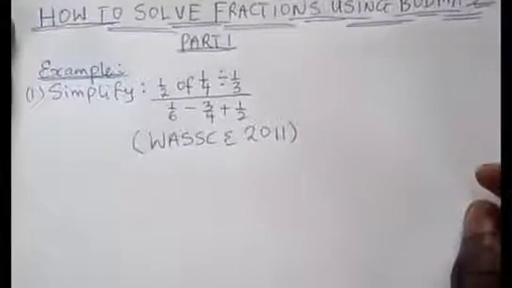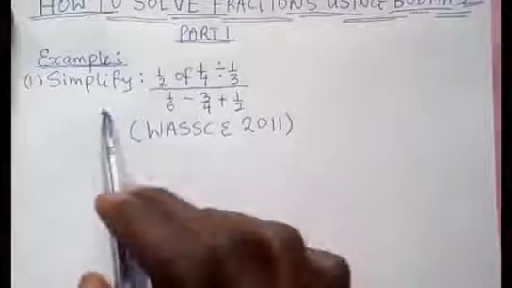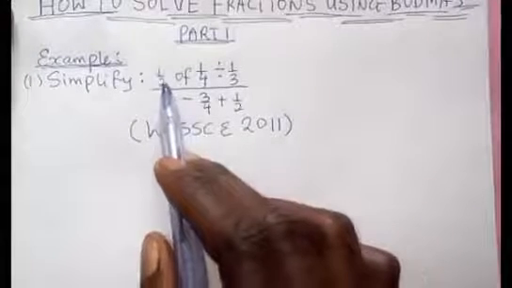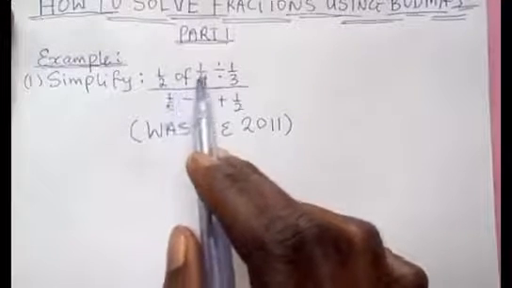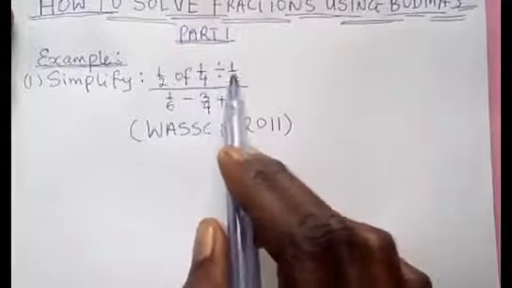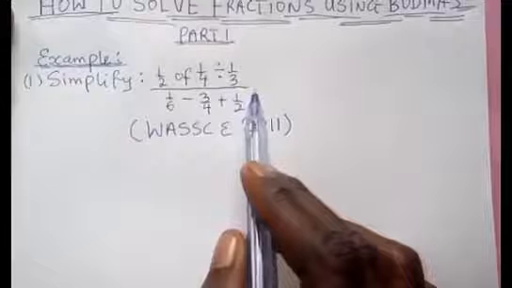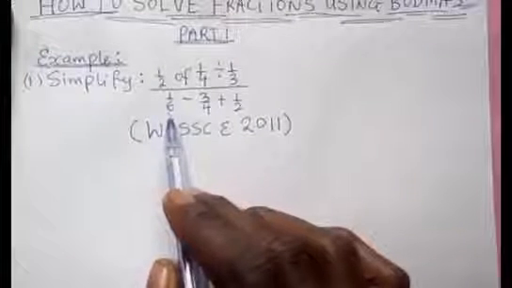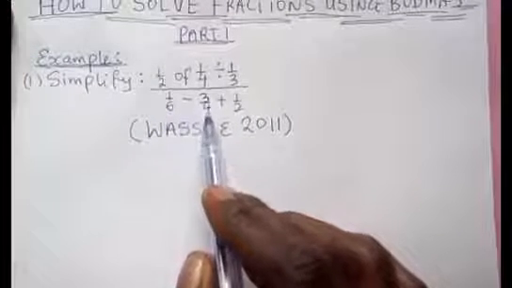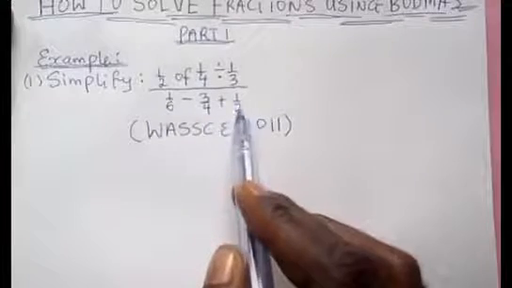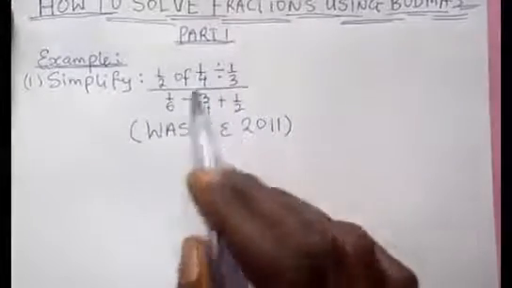Now, in the first question given to us here, we are told to simplify 1 upon 2 of 1 upon 4 divided by 1 upon 3, all upon 1 upon 6 minus 3 upon 4 plus 1 upon 2. So how do we solve this problem?